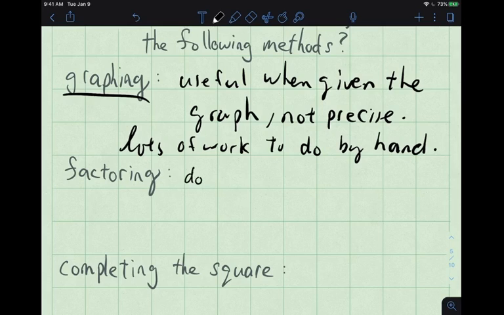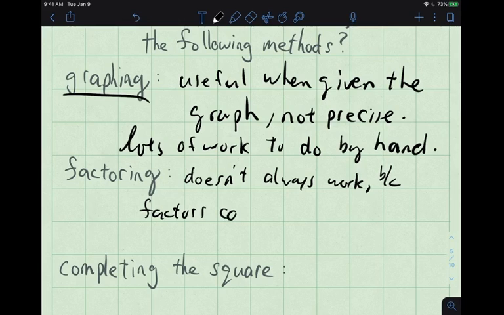Doesn't always work, because factors can't be determined. And if you have large numbers, factoring may be possible, but it'll take a lot of time.